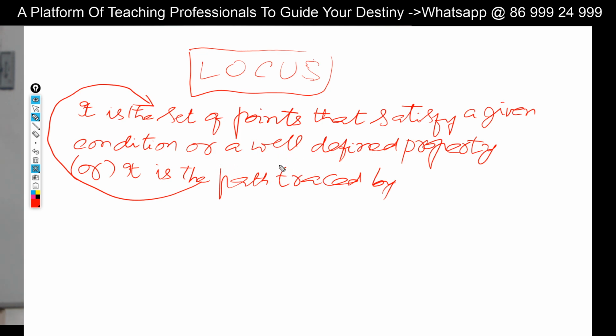So to elaborate this, let me take an example, which is a very well known property to you, the definition of a circle. What is the definition of a circle? Everyone says and everyone knows this. The definition of circle is, I'm not writing that because everyone knows this.